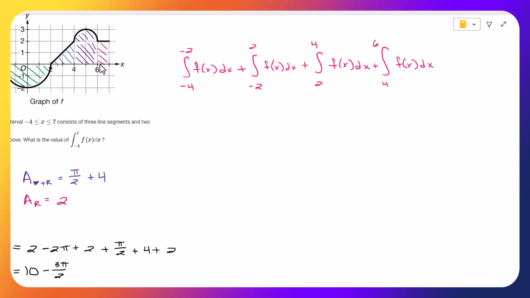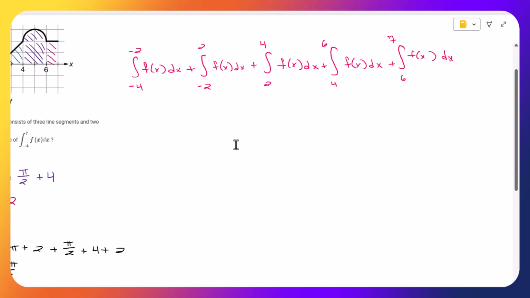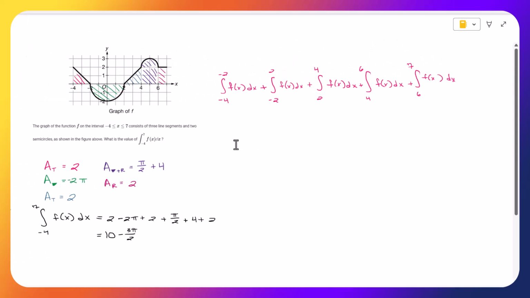And then we added that to our integral from 6 to 7 of f of x dx. My f of x looks a little ugly here. Don't judge it. Okay, and this is a powerful property of integration.